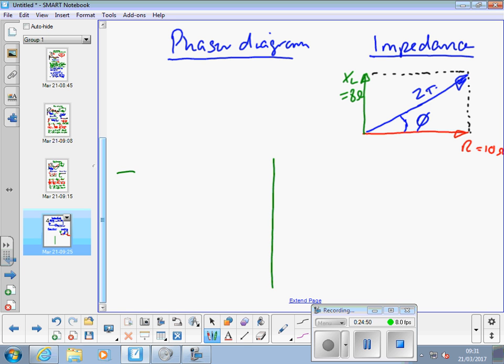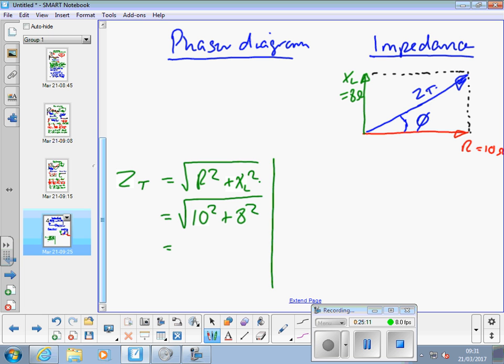So we can say ZT is equal to the square root of R squared plus XL squared. That's root of 10 squared plus 8 squared equals 12.8 ohms.